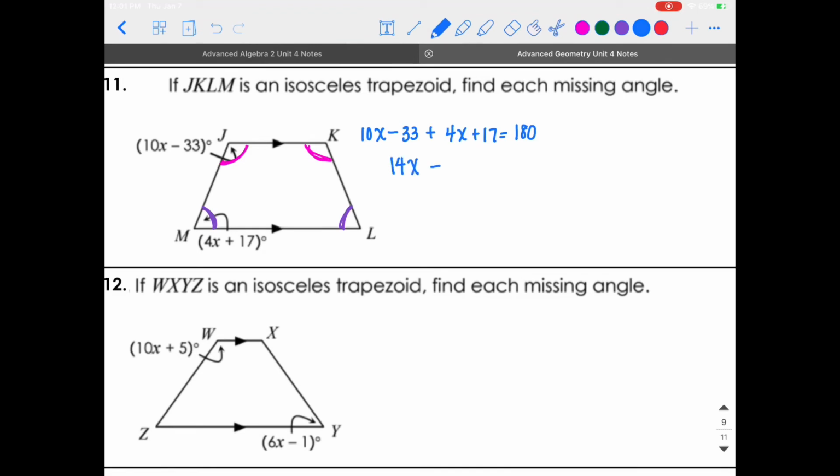So we have 14x minus 16 equals 180. Add 16 to both sides to get 14x equals 196. And then if I divide by 14, I get x equals 14.